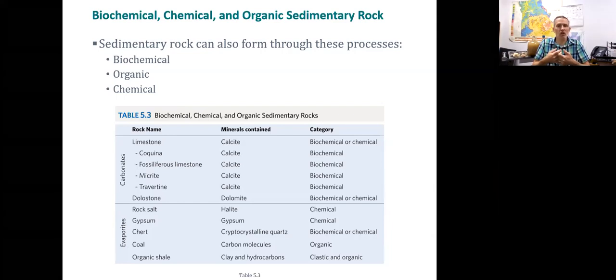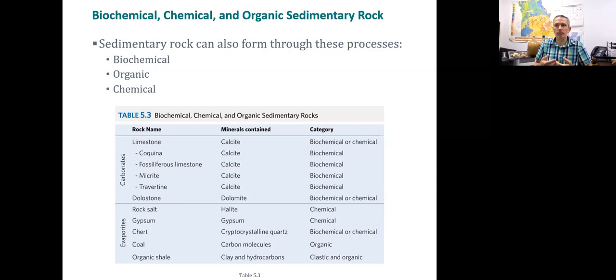Some of these organic shales are highly sought after these days because that organic material we can actually try to recover in the form of oil or gas. Coal is also this organic material, and so we'll look at some of the different types of coal here in a second.